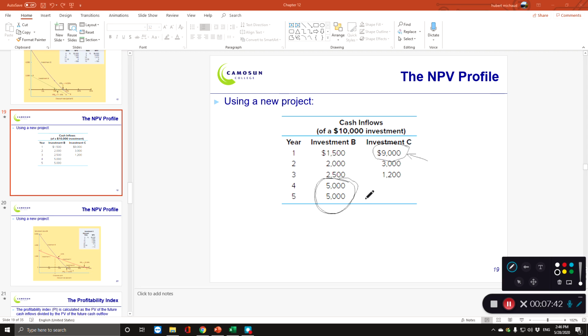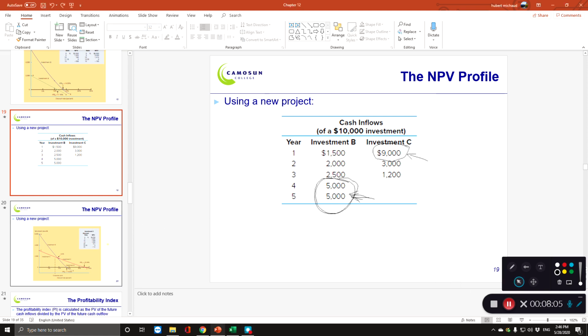For the same reason I explained earlier, I think it was in the previous video, because project C is front-loaded, much of its payments come at the beginning, right? This 9,000 is not as affected by changes in the interest rate as these two $5,000 here, because they're further in time, and change in the interest rate will have a bigger impact on these. Does that make sense?